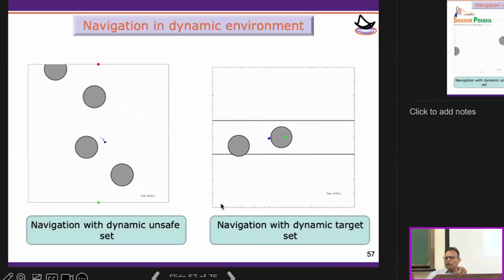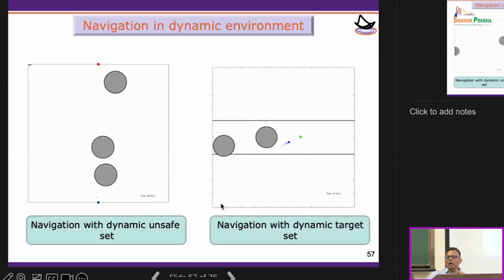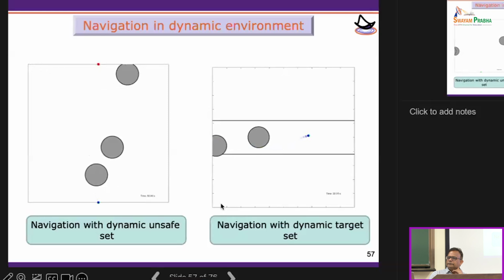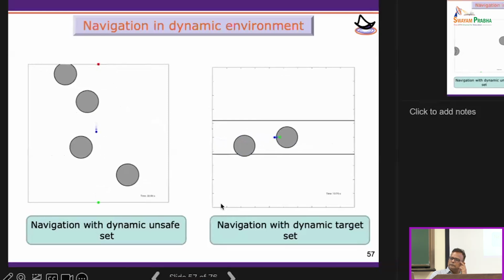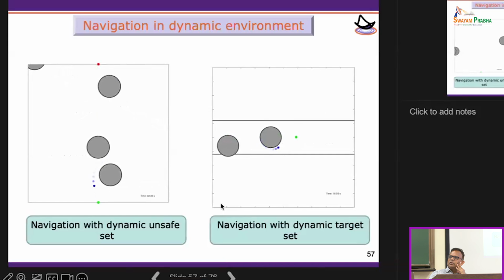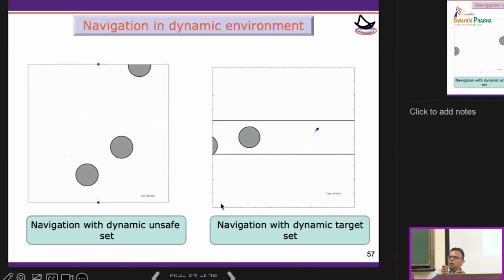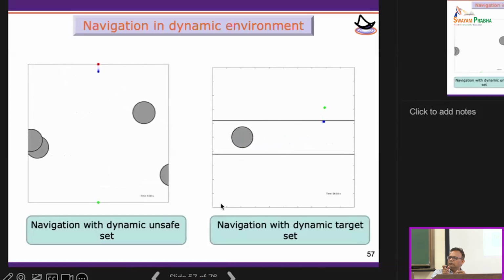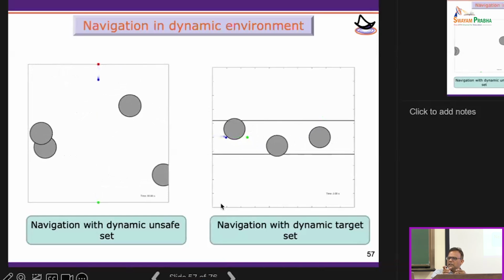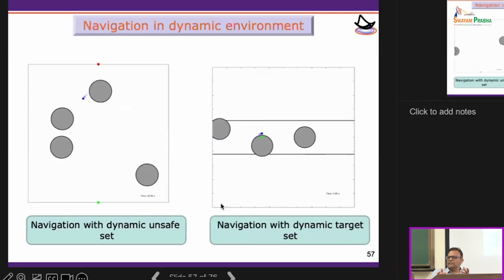So, any question before we continue? What I want to tell you now is that the sensing region could be defined just in terms of the distance. As soon as you get within some epsilon distance of the obstacles, that's your sensing region.